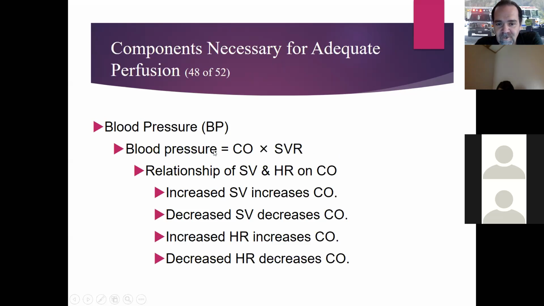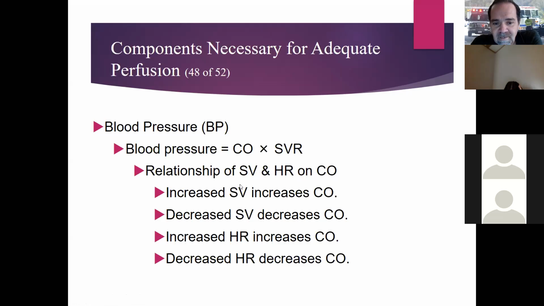Blood pressure. Blood pressure is equal to cardiac output times SVR. What does SVR stand for? Systemic vascular resistance. The relationship of the systemic venous return and the heart rate is cardiac output. So real simple, and it's going to make sense to you because you've been learning all this material.